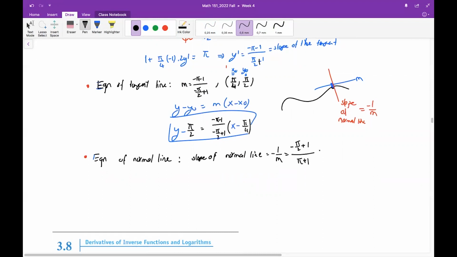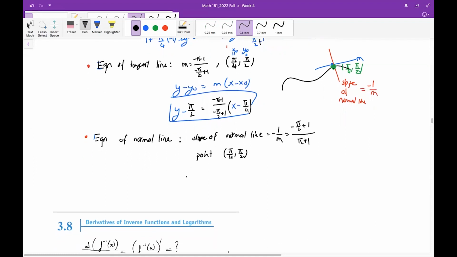Okay, the point is the same. We are drawing both tangent and normal at the same point, which is this one in our case, pi over 4, pi over 2 point, right? Point is the same, pi over 4, pi over 2.